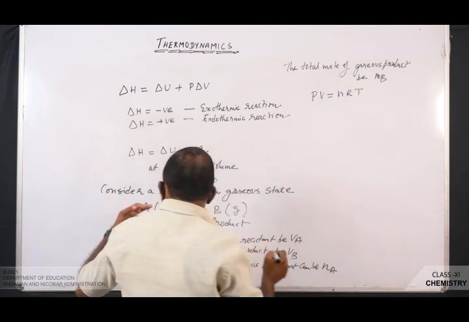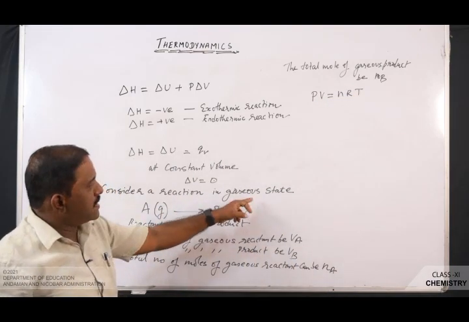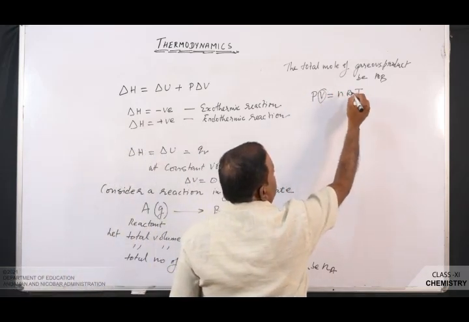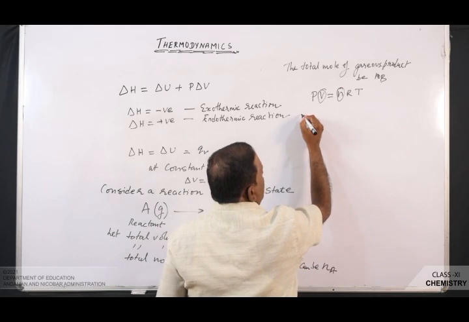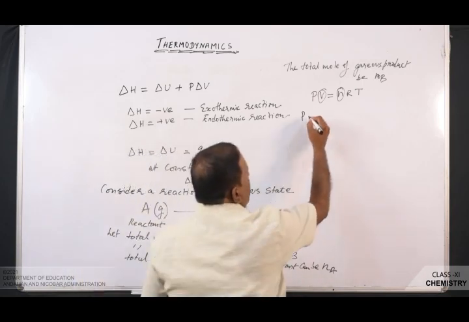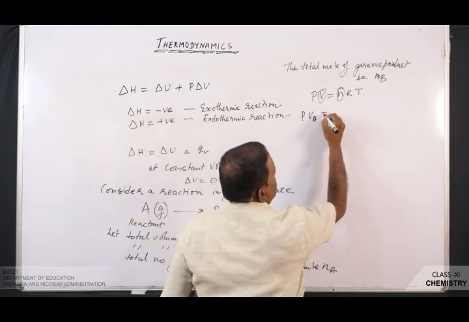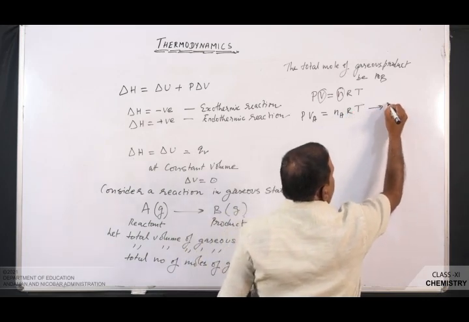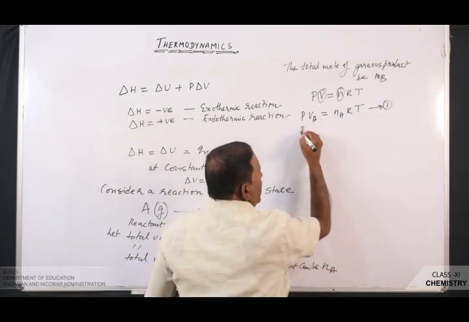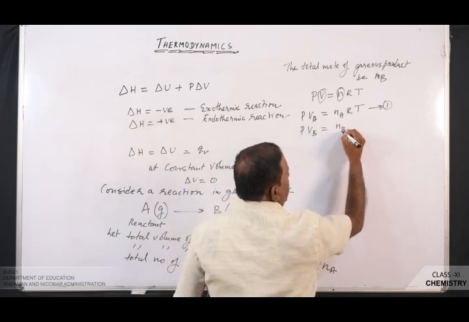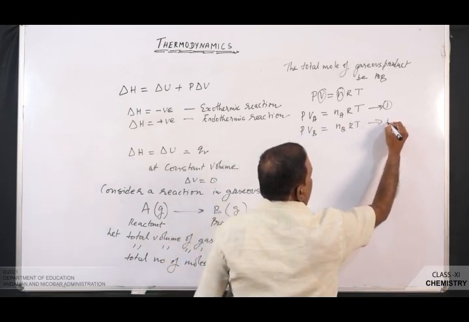So we are considering a reaction in a gaseous state, so the volume and the moles will both change. For the first equation, we write P VA is equal to NA RT. This will be 1, and similarly P VB is equal to NB RT. This will be 2.